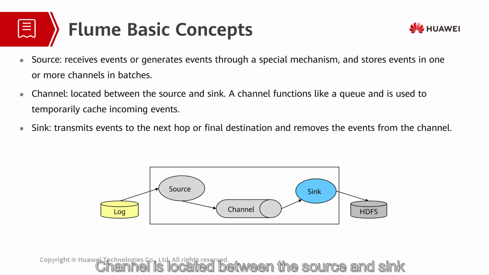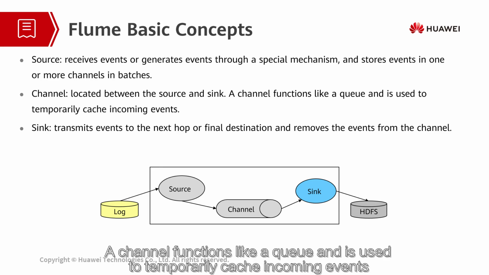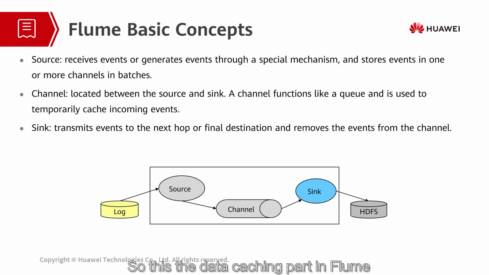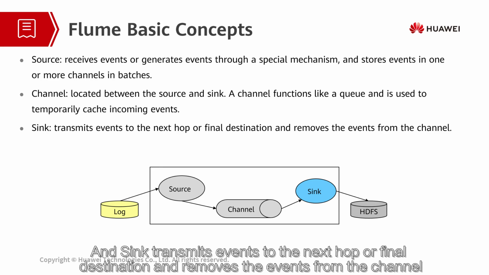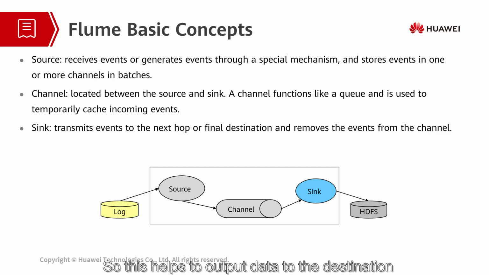Channel is located between the source and sink. A channel functions like a queue and is used to temporarily cache incoming events. So this is the data caching part in Flume. And sink transmits events to the next hop or final destination and removes the events from the channel. So this helps to output data to the destination.